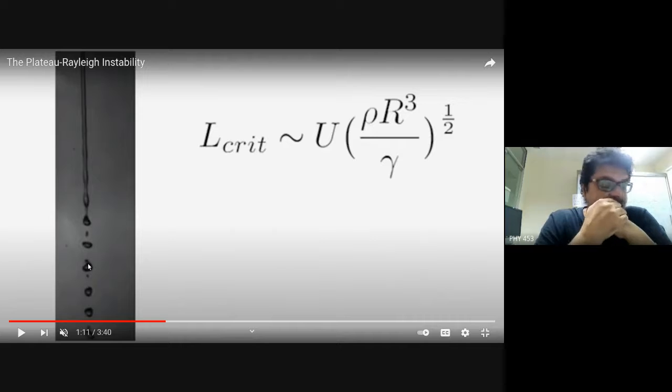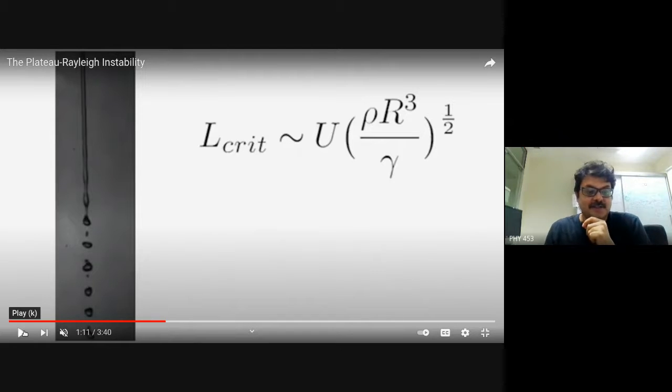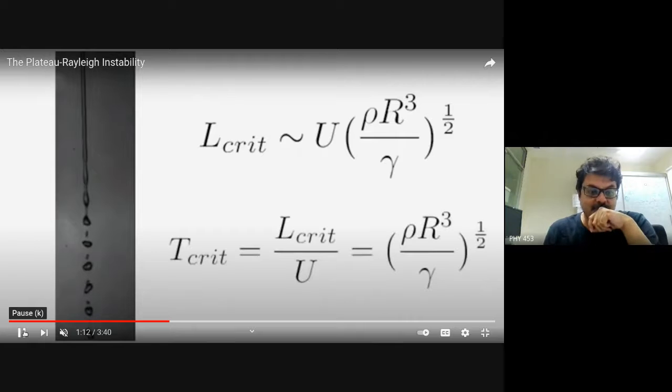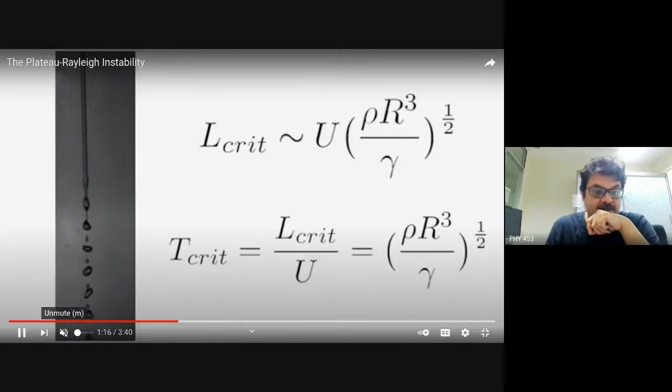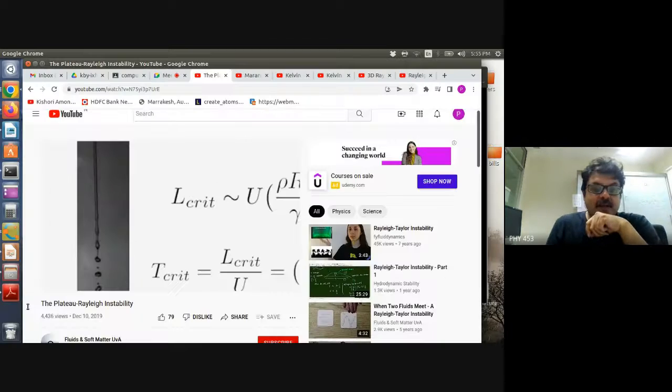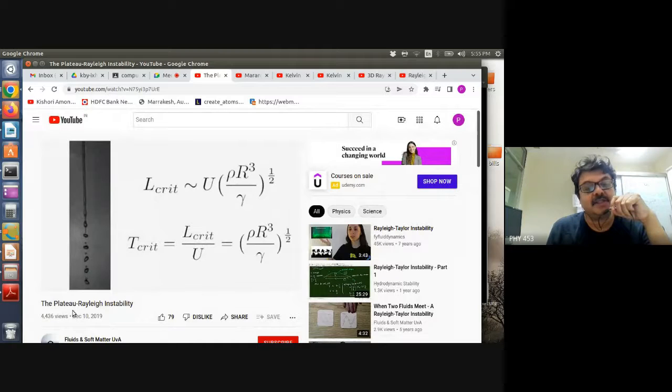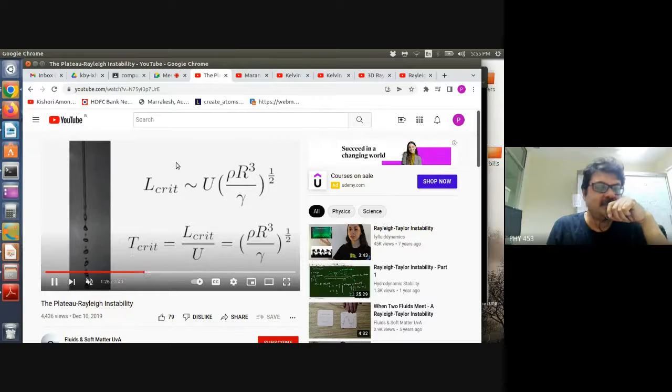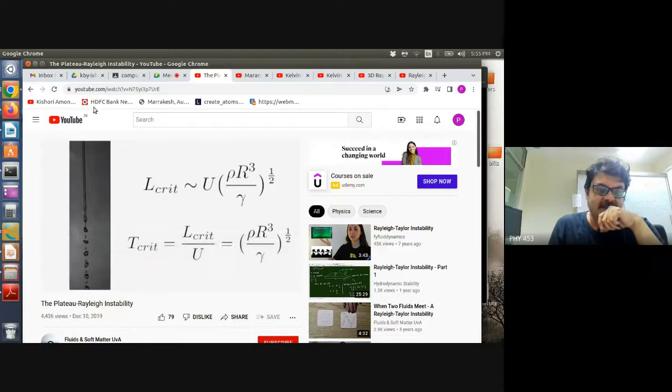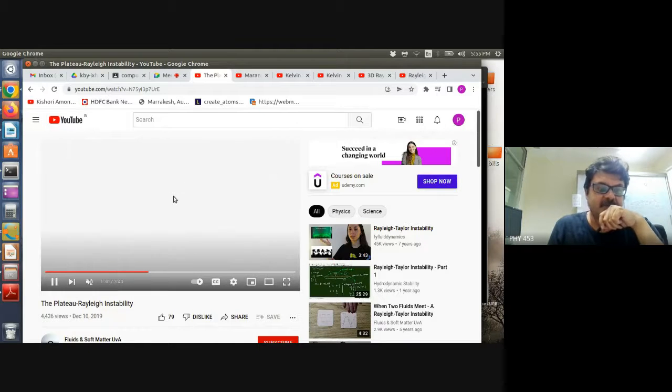But I once heard about it in a conference and I thought it was pretty cool, this simple breaking up into droplets, and moreover having a big droplet, small droplet, and so on. But anyway, this can be understood as the Rayleigh-Plateau instability, and one can analyze the length after which it will break into droplets, and so on.